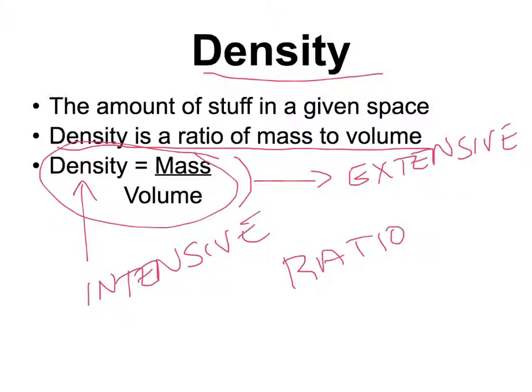Basically, the more mass you have of a material, it occupies a certain volume, and therefore the ratio doesn't change between mass and volume to give you the density. Even though you have more mass, you have more volume that goes along with that mass, so the ratio doesn't change.